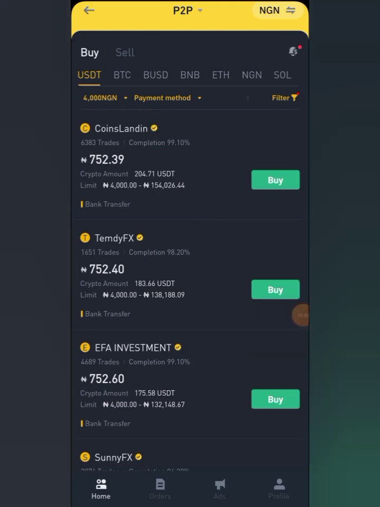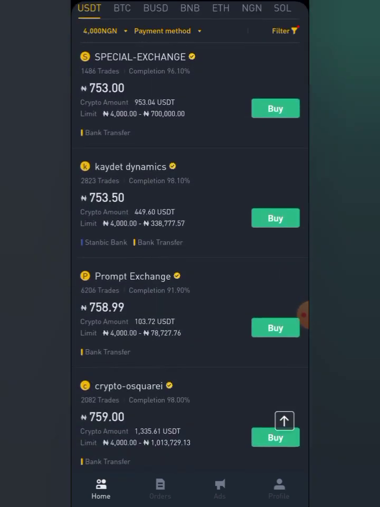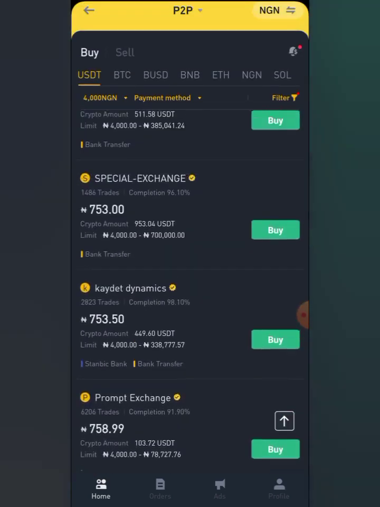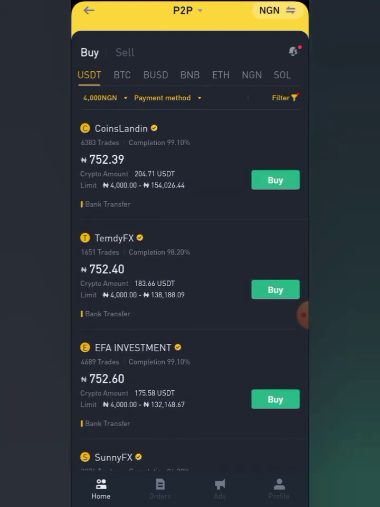Why? Because a portion of their money is already being withheld by Binance as a result of them being verified merchants. But that does not mean that some of them cannot have ulterior motives of scamming people of their hard-earned money. So you also need to carry out your due diligence and be sure that who you are trading with is not a scammer.